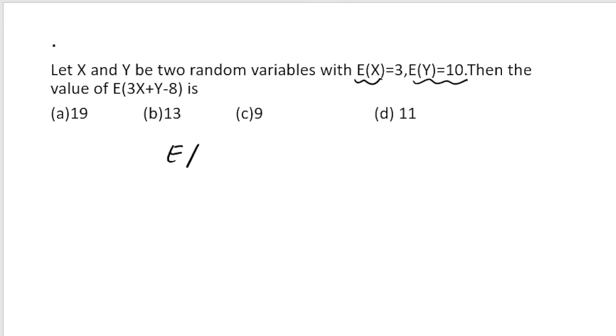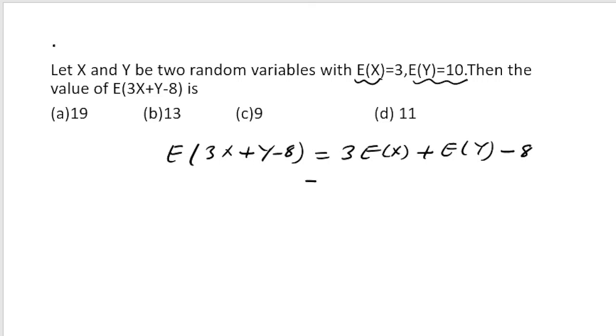So expectation of 3x plus y minus 8, using the properties of expectation, is 3 times expectation of x plus expectation of y minus 8. So 3 times 3 plus 10 minus 8. So 9 plus 10, 19, minus 8 is 11. So the correct option is D.